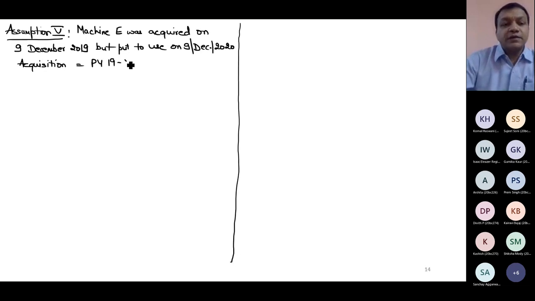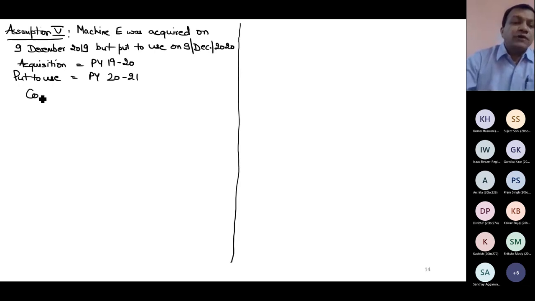Previous year 1920. Put to use year is what? Previous year 2021. I am doing computations for which previous year? 2021. So I am concerned with 2021.